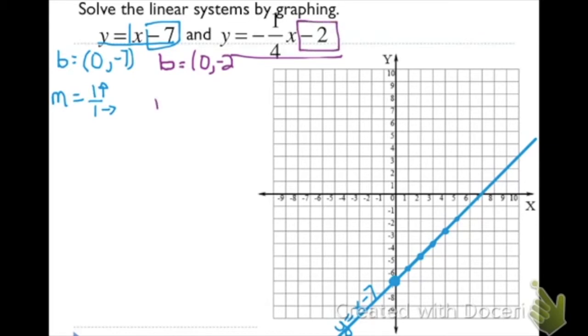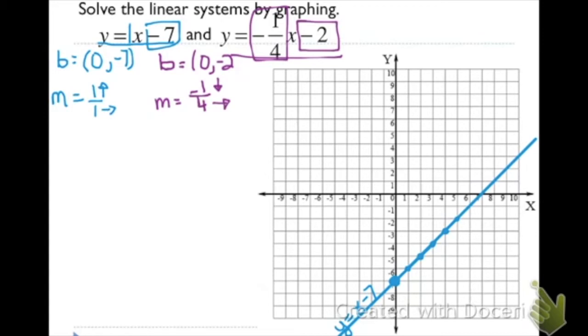And my slope is -1/4. Now notice that I put my negative with my 1. I'm always going to put my negative on a fraction with my numerator. All right, now driving directions for this. -1 tells me to go down. +4 tells me to go to the right.